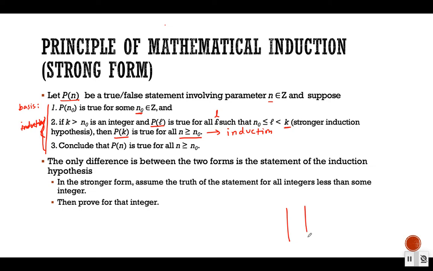Let's use the same concept of a ladder. In our regular mathematical induction, we saw that we first have to prove that we can take the first step. Then if we are at any step, we can take the next step.